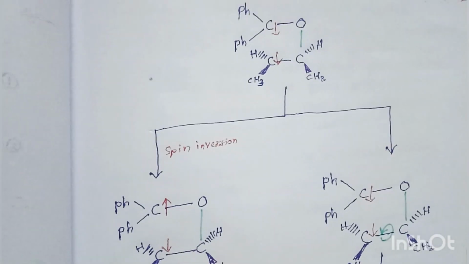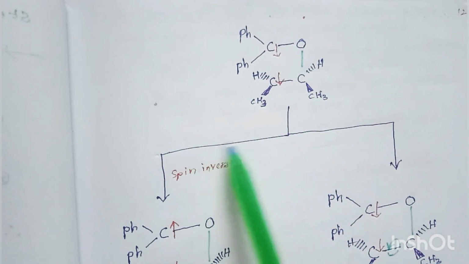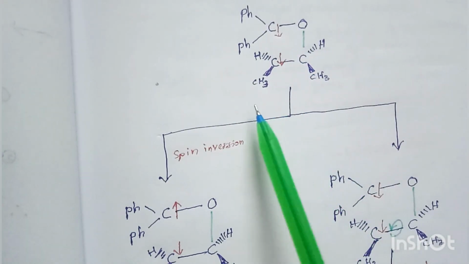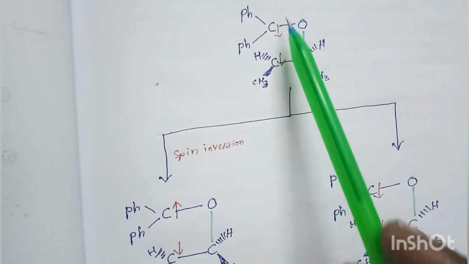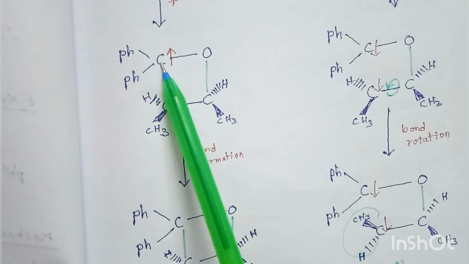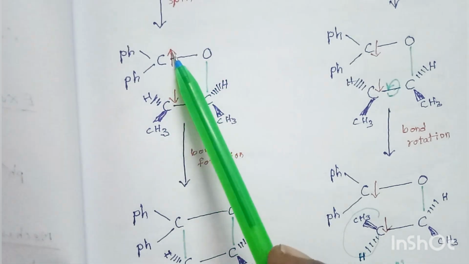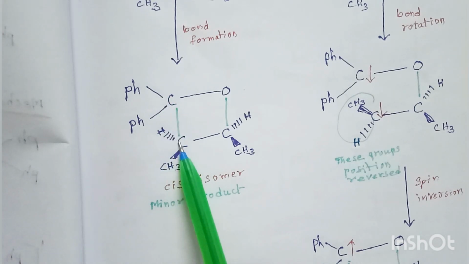Since both the electrons have the same spin, there is no bond formation. Now two processes occur. The first process is spin inversion. In spin inversion, one of the electrons will change its direction. Let us take that this electron has changed its direction to the opposite side. So this electron and this electron have opposite spin, and bond formation occurs, giving us a product.